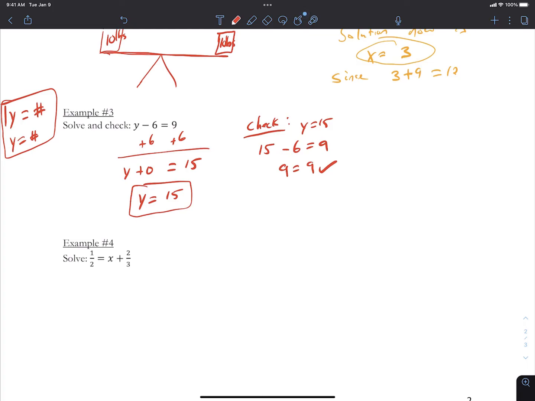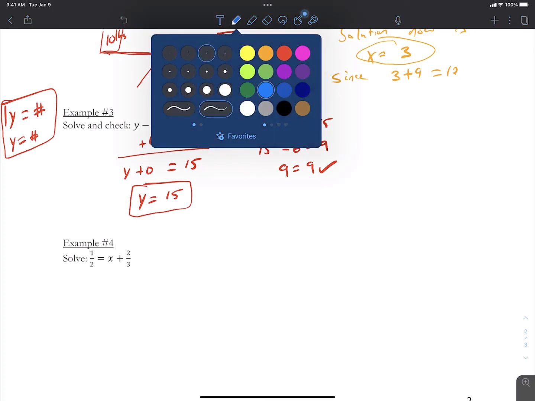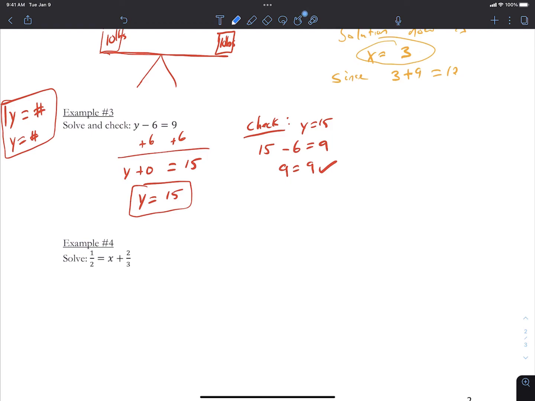Something else I want to point out here is that as long as I'm following this rule of adding the same thing to both sides, I can still come up with the answer. I might just be going about it a longer way, which is okay because we still get there. The way I typically explain it, if I wanted to drive from Marion to Cincinnati, I wouldn't normally first go to Toledo and then drive down to Cincinnati.